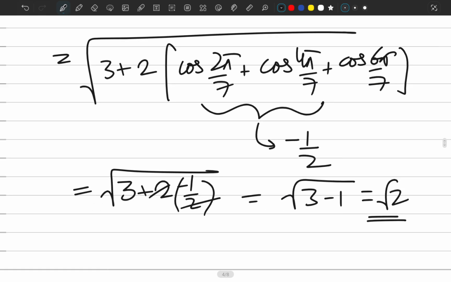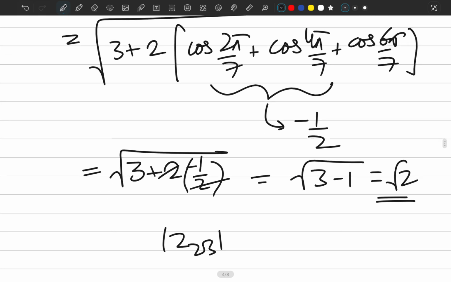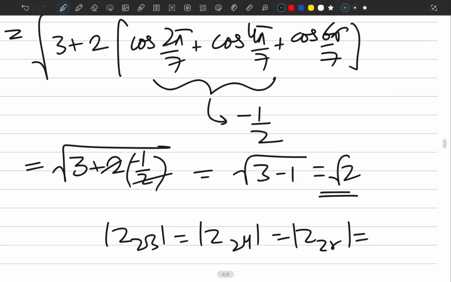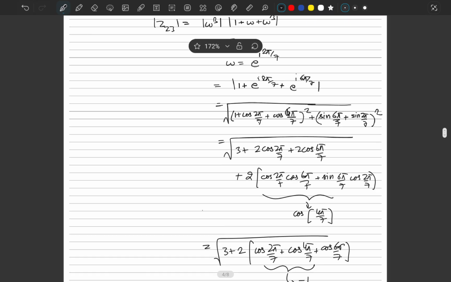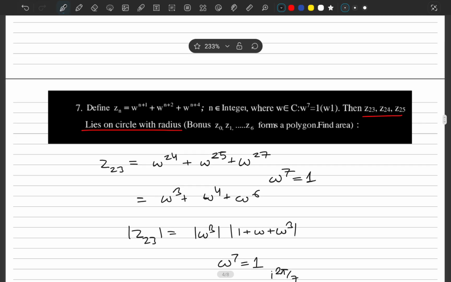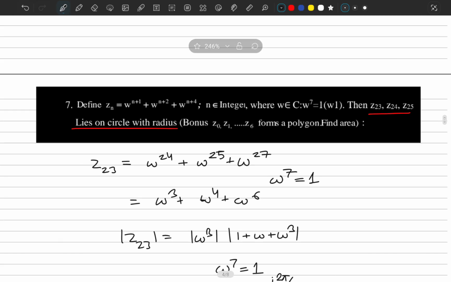So the modulus of z23 is equal to the modulus of z24, is equal to the modulus of z25, where it is given that it is root 2. So these complex numbers lie on the circle of radius root 2.